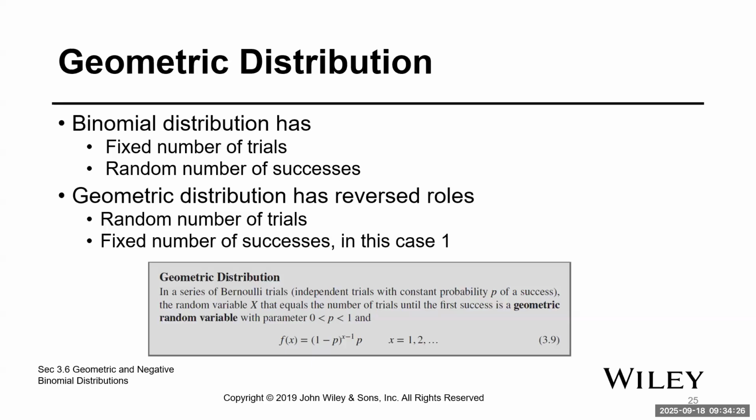So if the problem tells you that you have a series of random independent trials, and you're trying to find the number of trials until you get the first success, the number of times you have to try to do something until you get that answer.